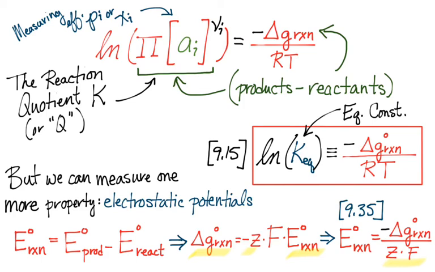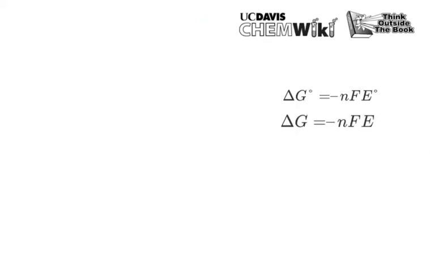So that ZF is now replacing our RT that we had in our prior reaction, and our prior measurements of pressure, partial pressure versus mole fraction. Let's see how that plays itself out in the last bit of our work.